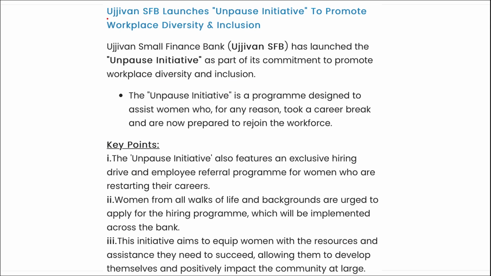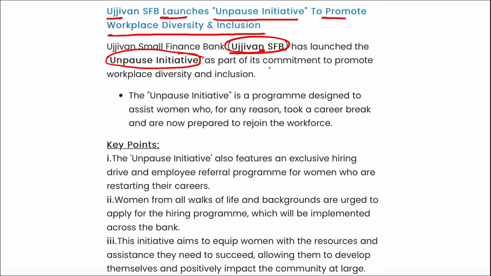Next is Ujjivan Small Finance Bank. So Ujjivan Small Finance Bank has launched the Unpause initiative to promote workplace diversity and inclusion. What have they launched? They have launched the Unpause initiative as a part of its commitment to promote workplace diversity and inclusion.